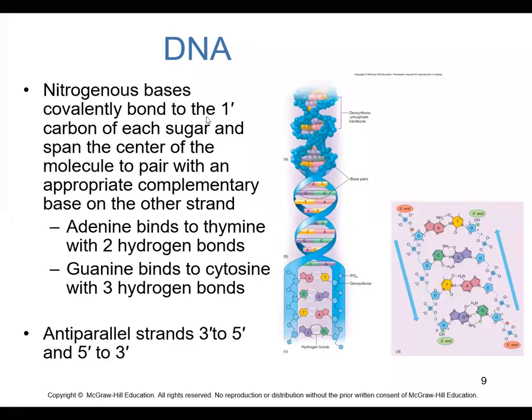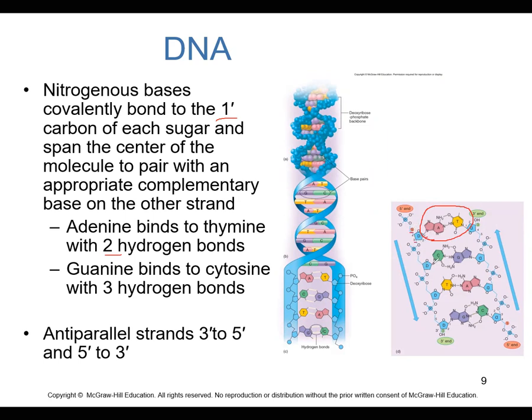All right, so again here, the nitrogenous base goes to the 1'. And on adenine and thymine, this is very important. Adenine and thymine, there's 2 hydrogen bonds that hold them together, and they're showing you right over here. So there's that 5' I was talking about earlier, and there's that 3'.